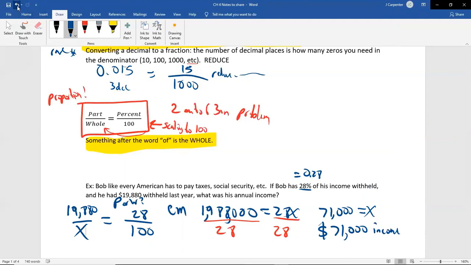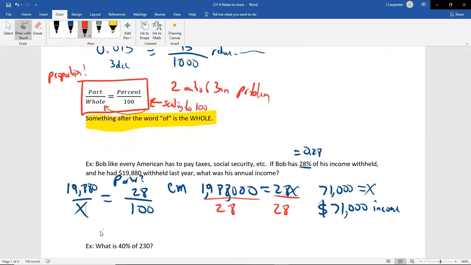And it makes sense because he paid less taxes than his income, and this income isn't some exuberant amount. Like I said, $200,000. If you're taxed 20 grand, that's 10%, because 20 grand out of 200, if you did that division, you'd get 0.10, or 1/10, or 10 over 100, however you want to represent the number.